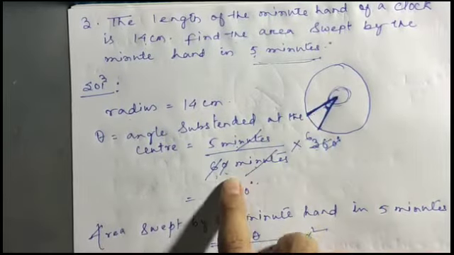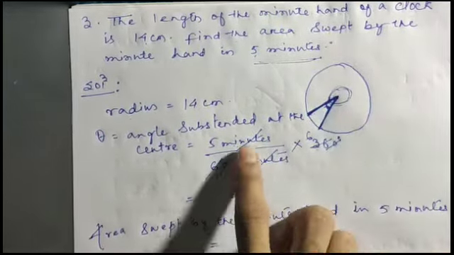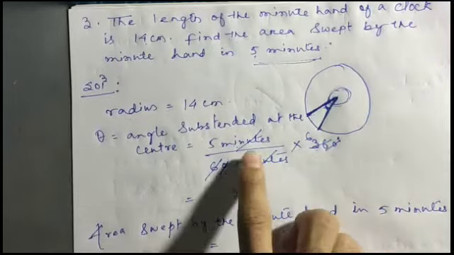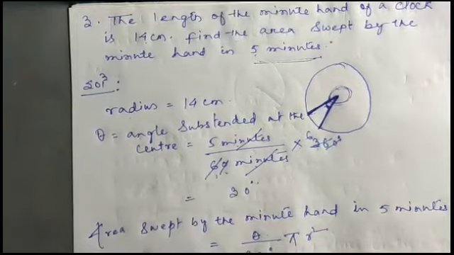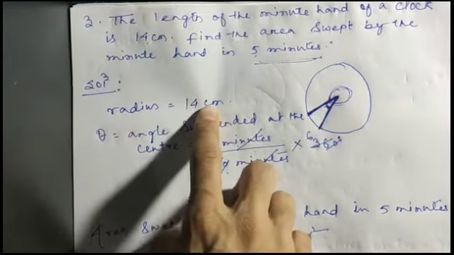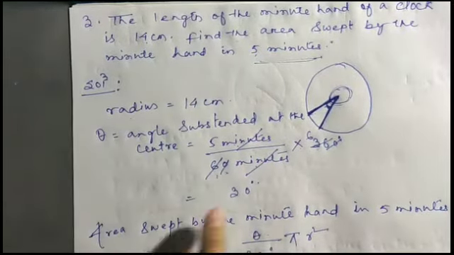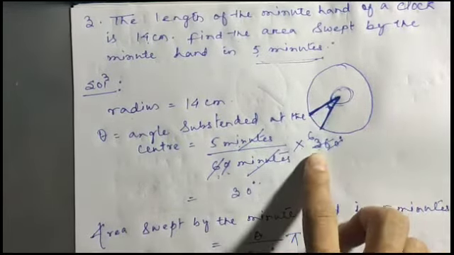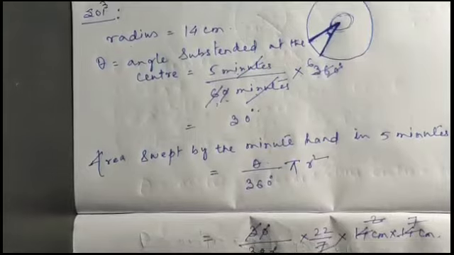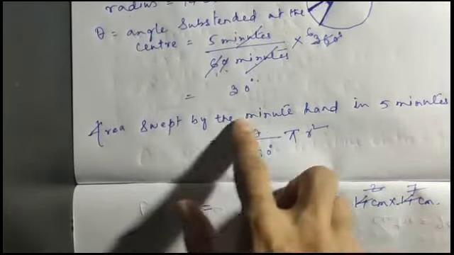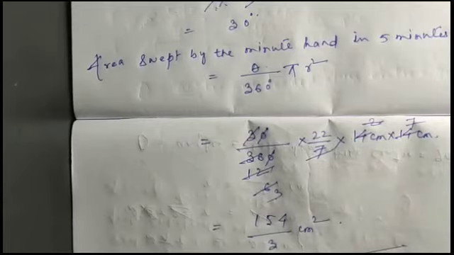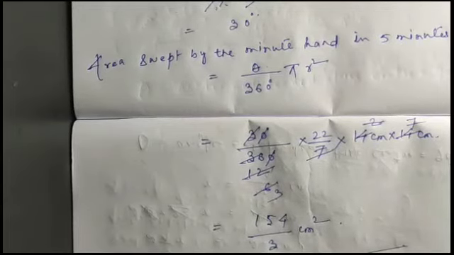So 5 minutes out of 60 minutes, the central angle is 360, so into 360. Calculating it we got 30 degrees. So the angle we got, the radius was given, and we found the area of the sector, that is the area swept by the minute hand in 5 minutes. By the formula of area of the minor sector, theta by 360 pi r square, we got the answer.